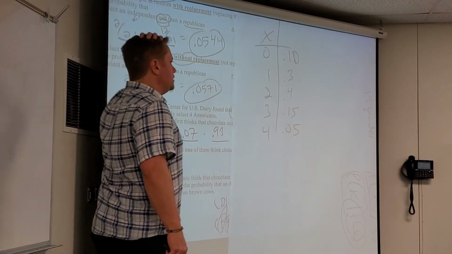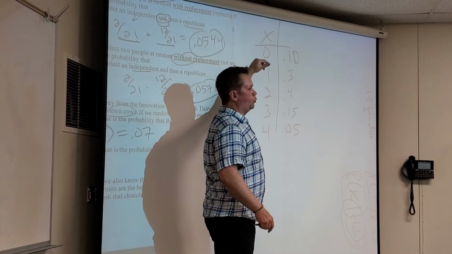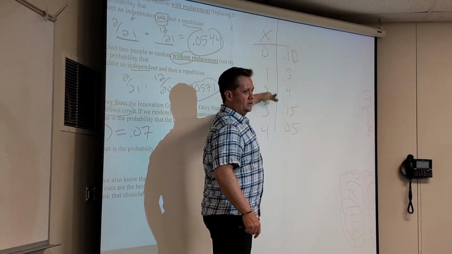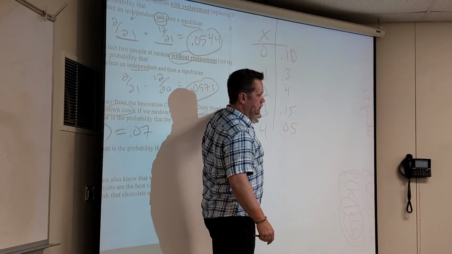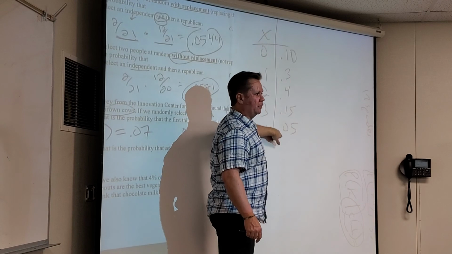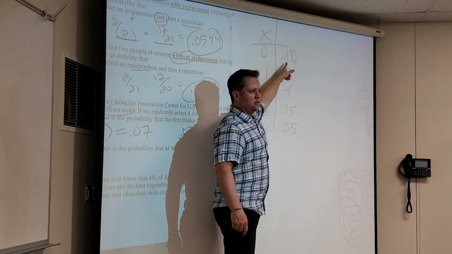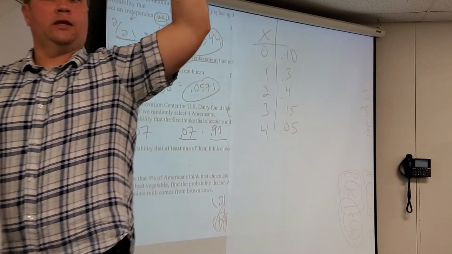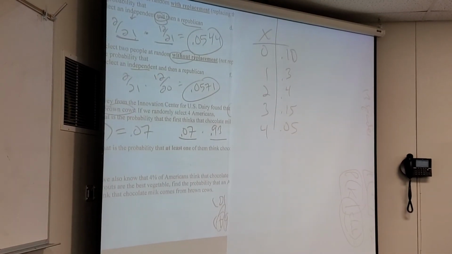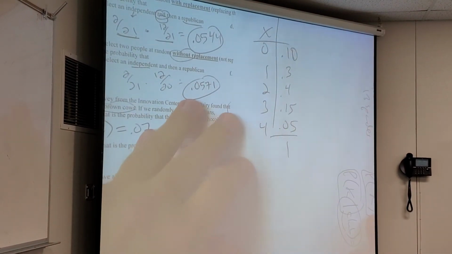If I said, what is the probability that at least 1 from this? That would mean these things, right? I would have to add these up. Couldn't I instead just do 1 minus this? What do the probabilities add up to be? 1.